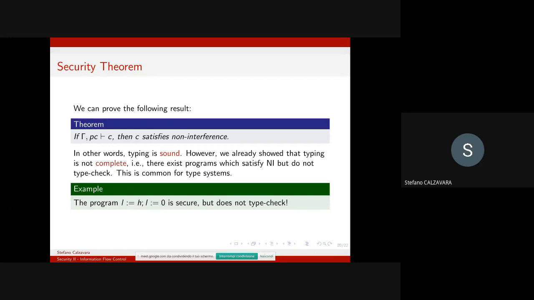The intuitive reason why this does not type check is that type checking the composition of two commands requires type checking both commands in isolation, and this command in isolation here alone is a command which violates non-interference. So this program is rejected by our type system.